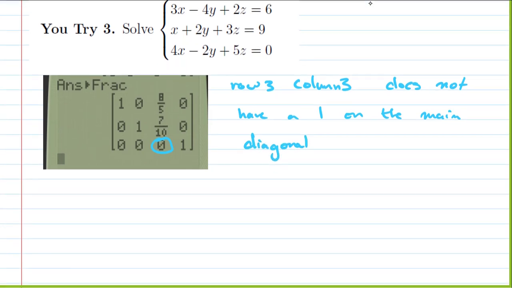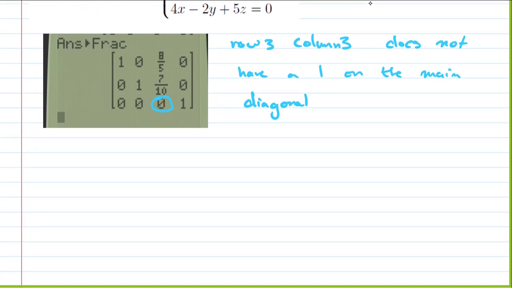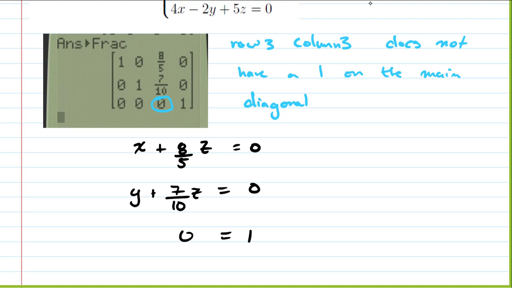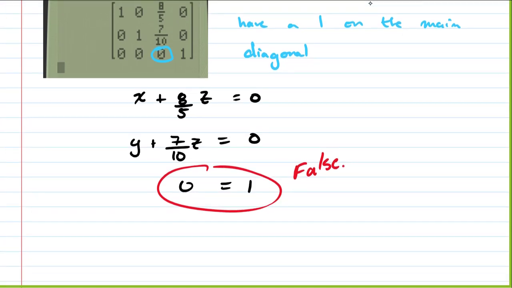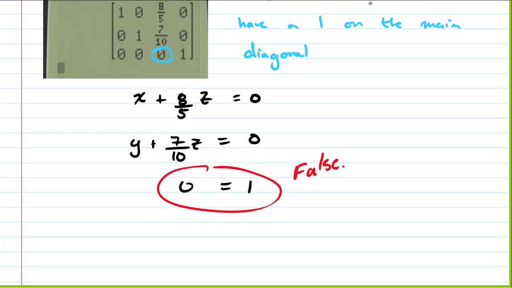But this case is a little different. If I write out my equations, I have x plus 8/5 z is equal to 0. I have y plus 7/10z is equal to 0. But my last equation says 0 equals 1. That's false. So when this happens, this is case 2. We get no solutions.